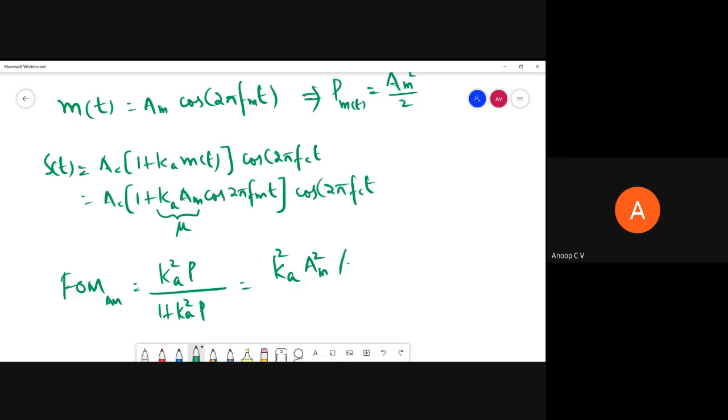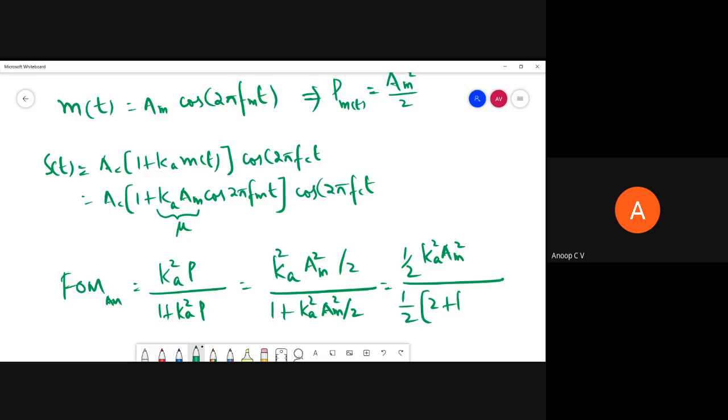So it is Ka square Am square by 2 divided by 1 plus Ka square Am square by 2. From this we can take half: half Ka square Am square divided by half times 2 plus Ka square Am square.